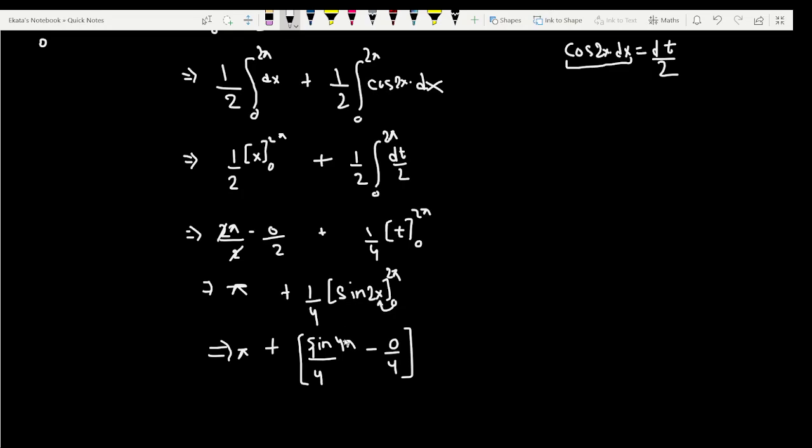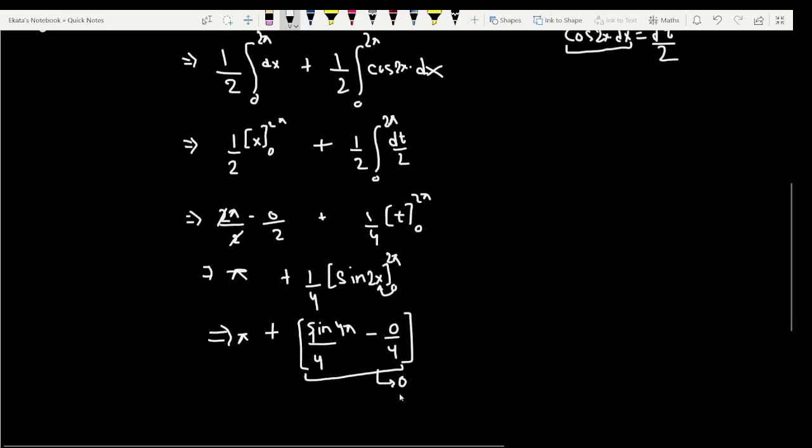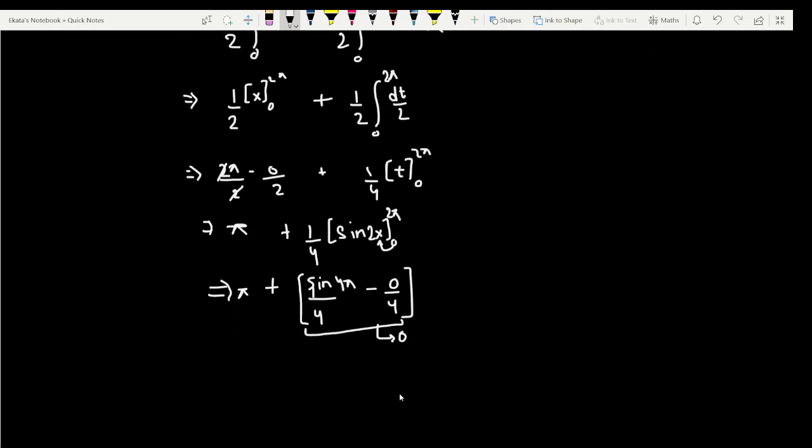Sine 4 pi is also 0. It means this whole thing becomes 0, and what we are left with is pi. Hence the answer to this particular question is pi. So this is the first integral in the Fourier series.